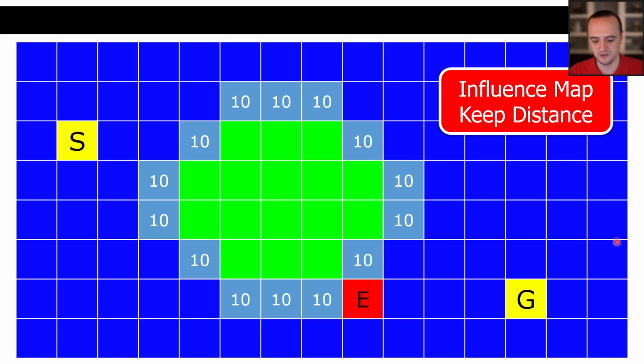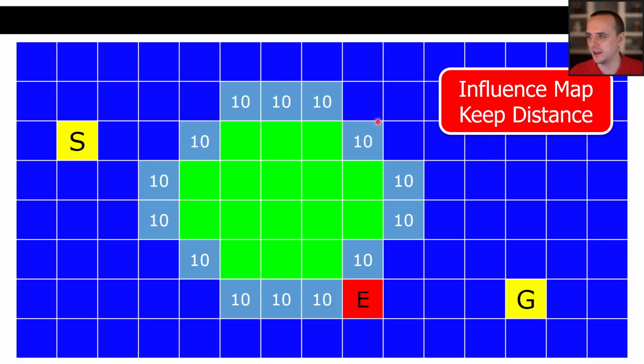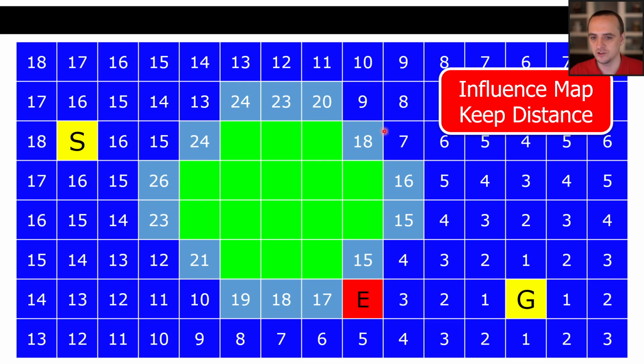So what this means, essentially, is that whenever we do our distance map, we're going to add that value of 10 to the distance map. So then we calculate our distance map for our vector field, and the influence is essentially saying, I would rather go an extra 10 distance than walk this close to the shore. Right? And so it's tied in with the idea of a vector field, and it's adding influence to areas that we would want to avoid.